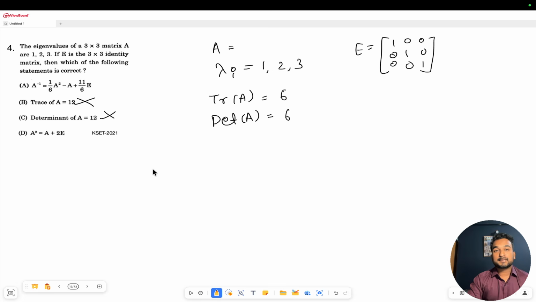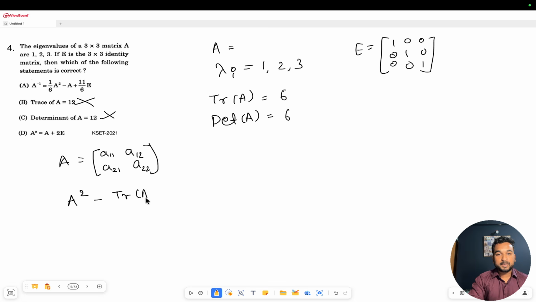What is that? There is a characteristic equation written for any matrix. For a 2 cross 2 matrix, A11, A12, A21, A22, the characteristic equation is written like this: A square minus trace of A plus determinant of A equals to 0.